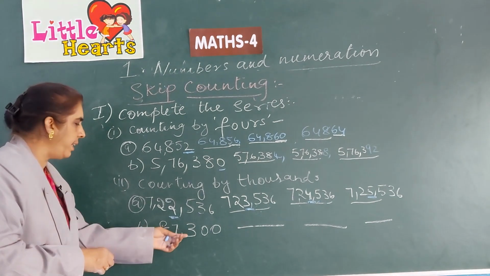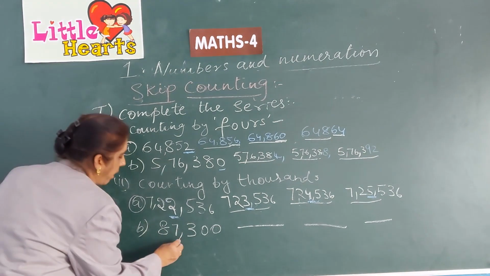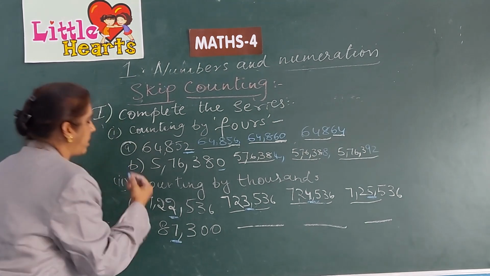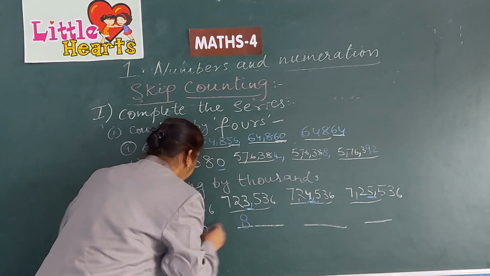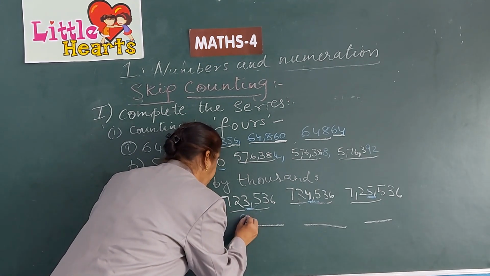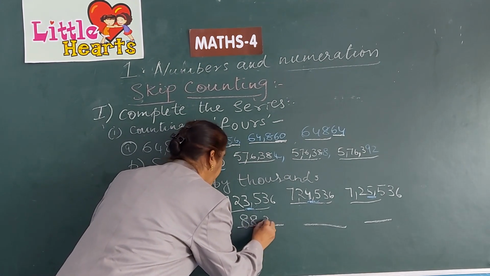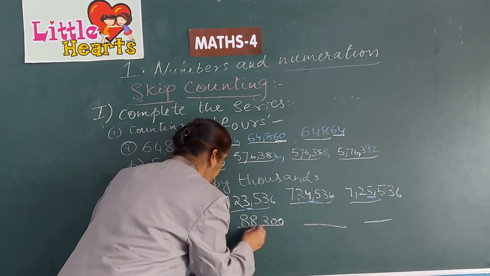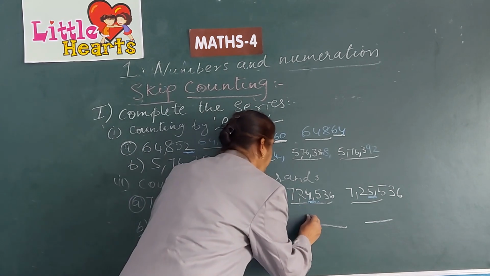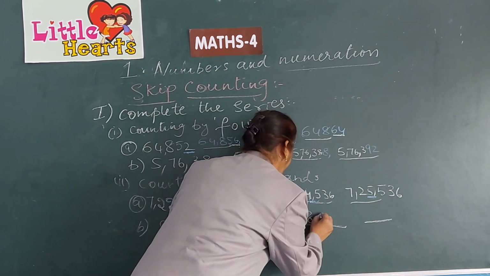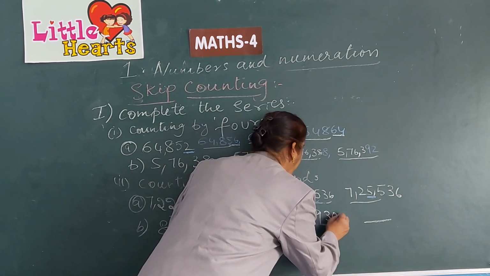This is 87,300. This is the thousands place digit. It should be increased by 1. 88,300. 8 is the thousands place increased. 89,300.